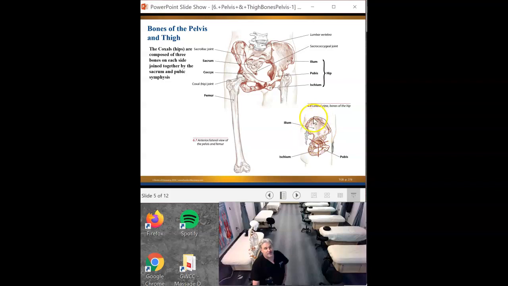This is a side view, and this is your ilium. If this is your ilium, who can tell me what this bump is here in front? Miss Carrillo. Is that the anterior superior iliac spine? Yes, it is the front upper spine of the ilium, anterior superior iliac spine. Cool, thank you. Somebody else, what's this bump below that one called?